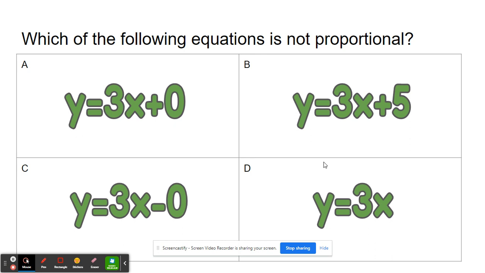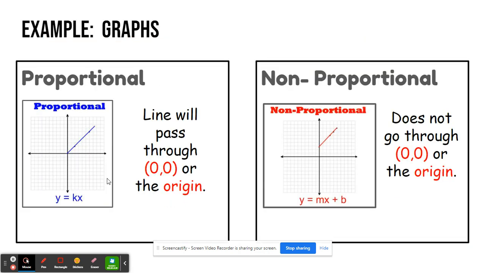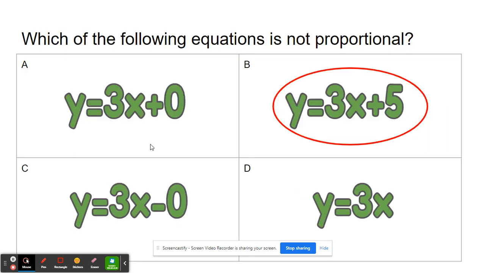So looking at that, which one of these equations is not proportional? Okay, do not be fooled, because even though I have zero added at the end here, this one is proportional, because if I'm adding or subtracting zero, I'm not adding or subtracting anything.